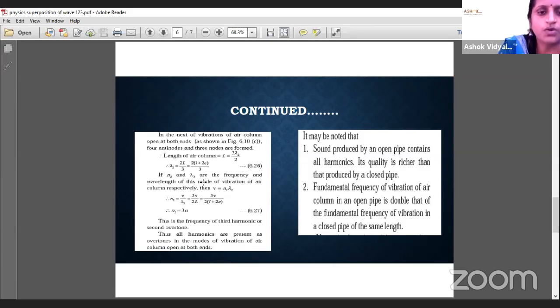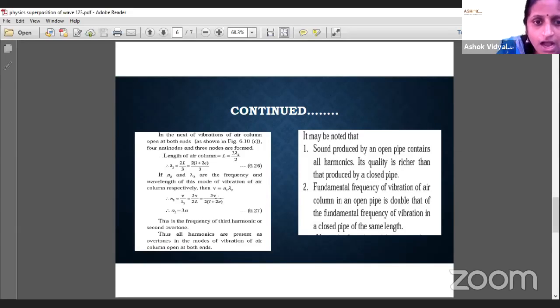If N2 and lambda 2 are the frequency and wavelength of this mode of vibration of air column respectively, then V is equal to N2 lambda 2. Therefore, N2 is equal to V upon lambda 2, that is 3V upon 2L, or 3V upon 2 into L plus 2E.